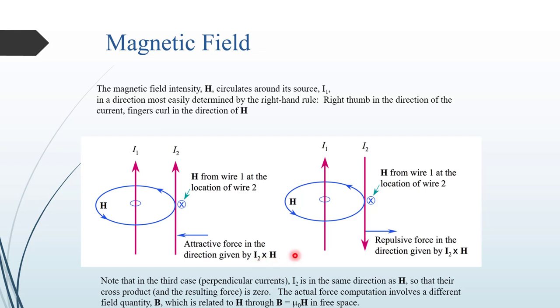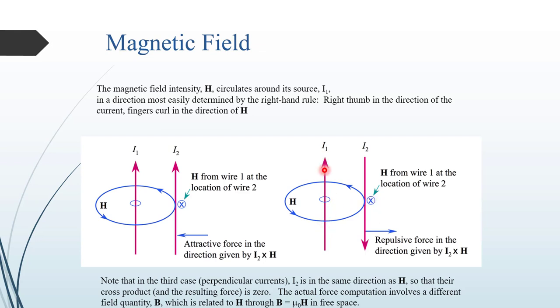In the second diagram, I1 and I2 are in opposite directions. The condition is that the path of H, which circulates around I1, should be such that the other conductor must be inside that path. But in this case, the I2 conductor is not inside this circular path, so there is no field generated at this point.